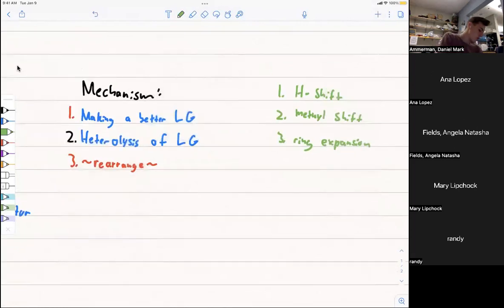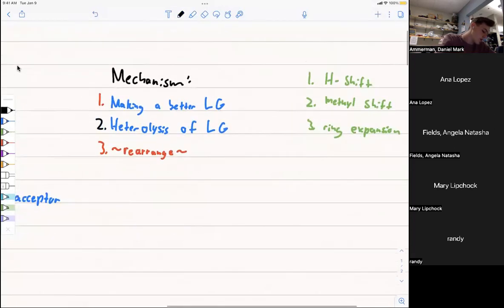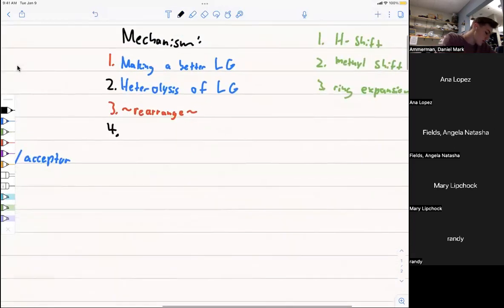The fourth step that will always happen is, I like to call it coordination to the H. And also at the same time, we're getting formation of the pi bond.